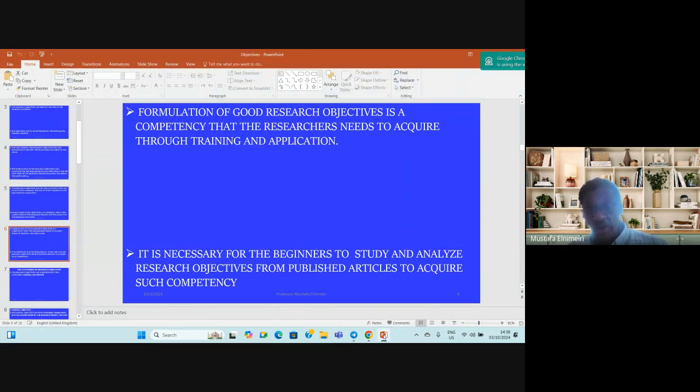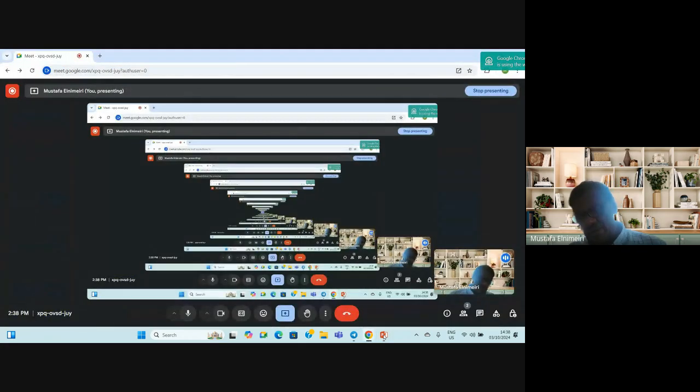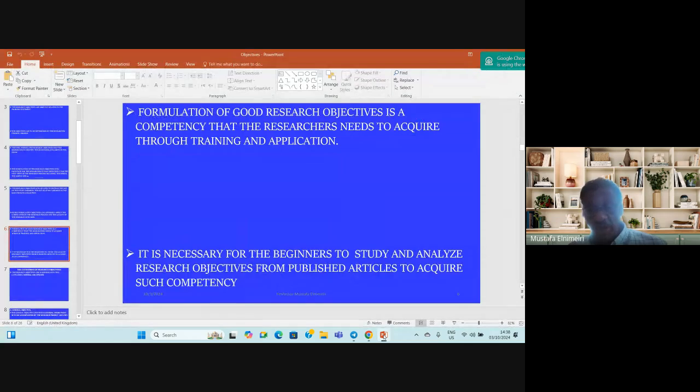It is necessary for beginners to study and analyze research objectives from published articles or from other sources such as dissertations and theses, so that they can easily acquire such competency.